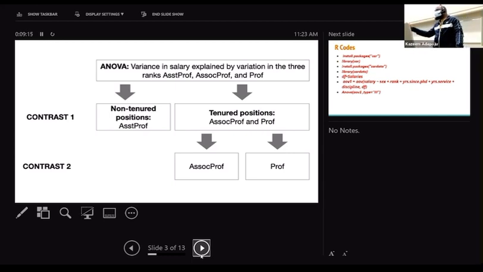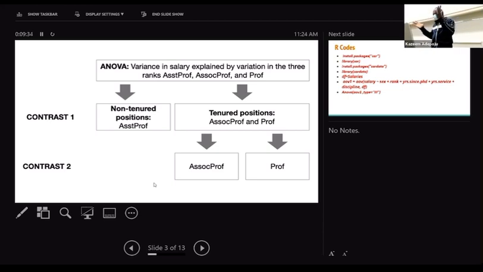But in the tenure track, we have two levels.